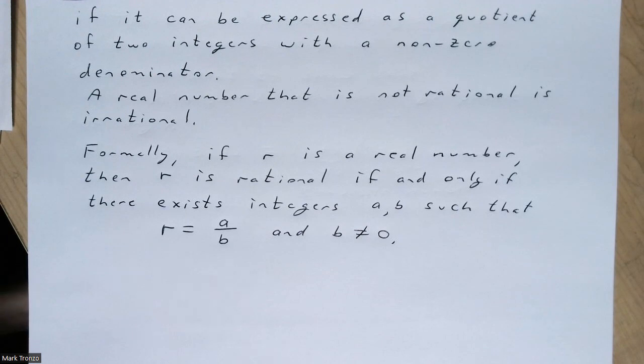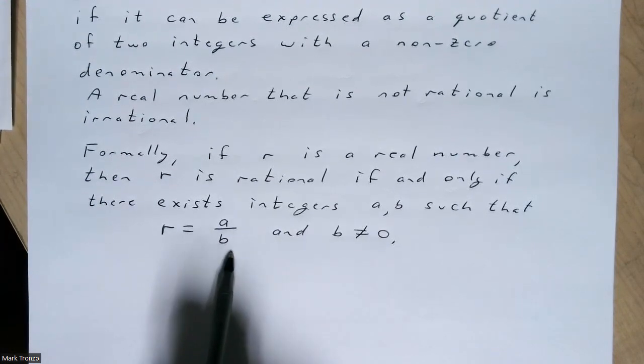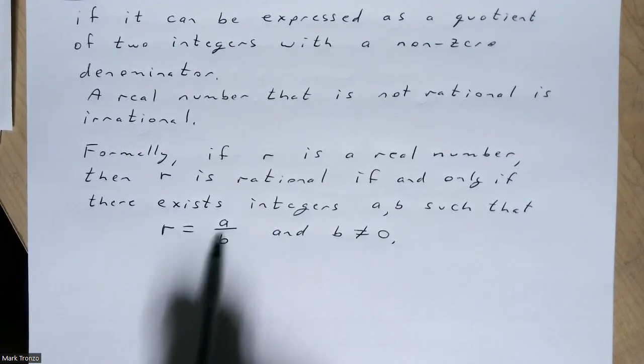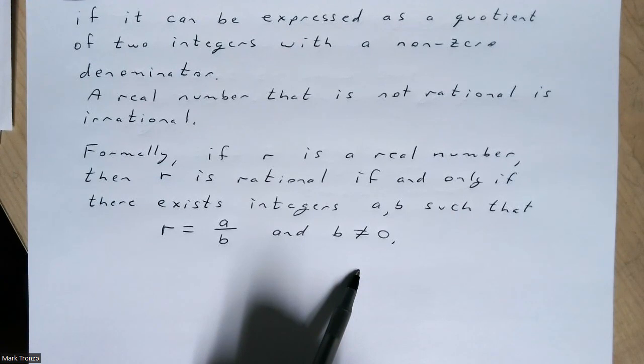So mainly, if R is a real number, it's rational if and only if there are two integers such that R is equal to the quotient of those two and B is not 0.